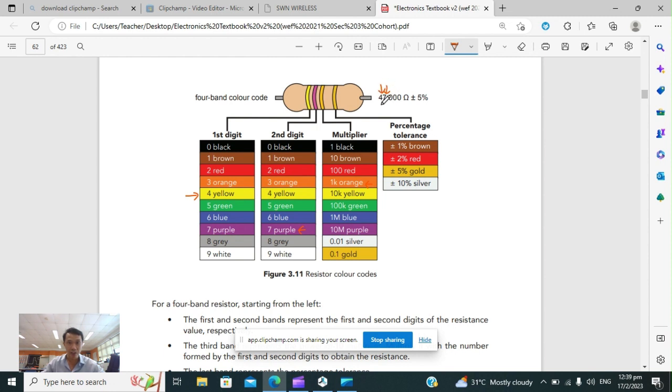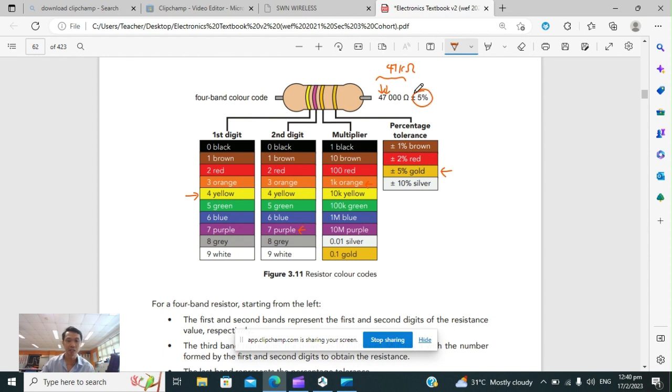So therefore, it's 47, the first 2 digits, multiplied by 1000, which gives me 47,000 ohms. Okay, or you can just write 47 kilo ohms. And then I have a last band. Okay, a last band, this is a gold color band. So therefore, I look at gold, which is 5%, plus minus 5%.